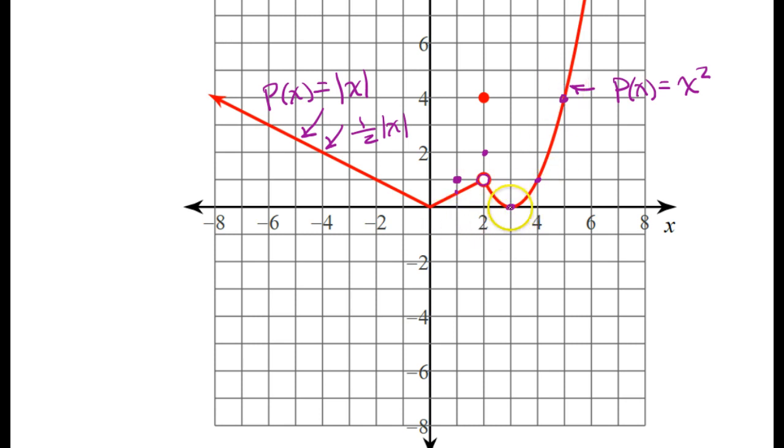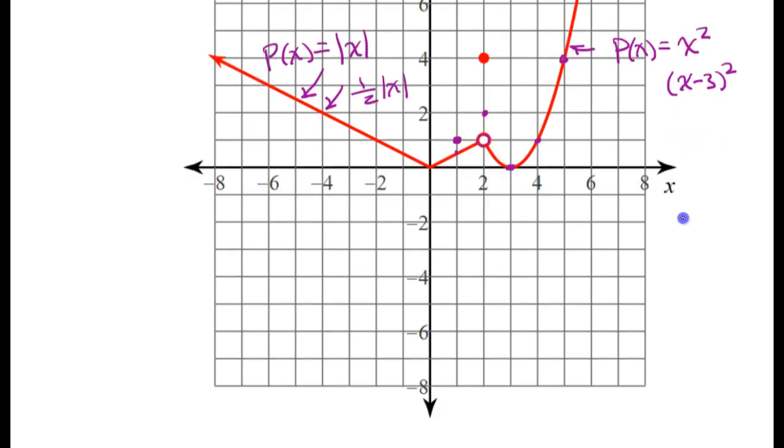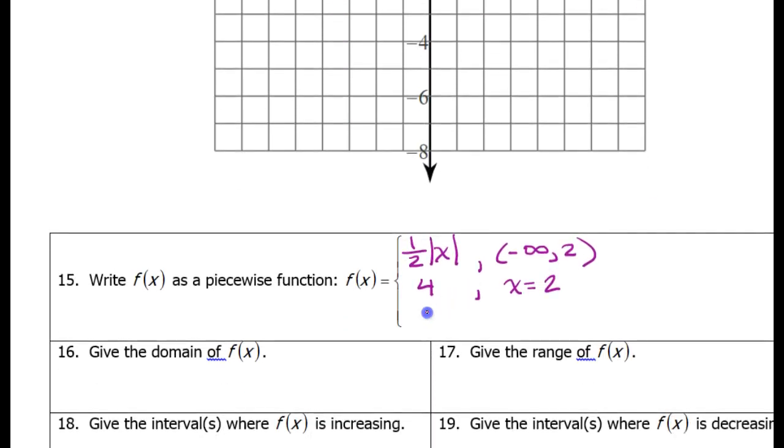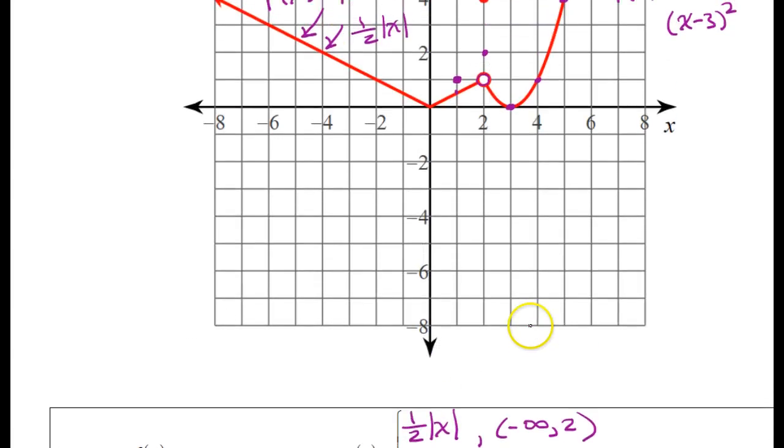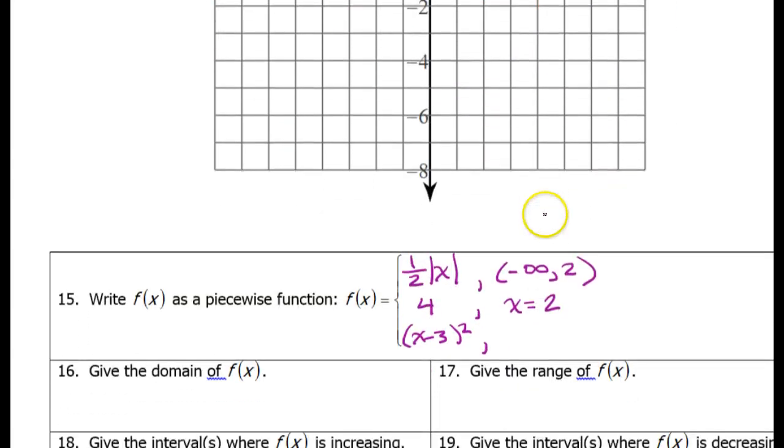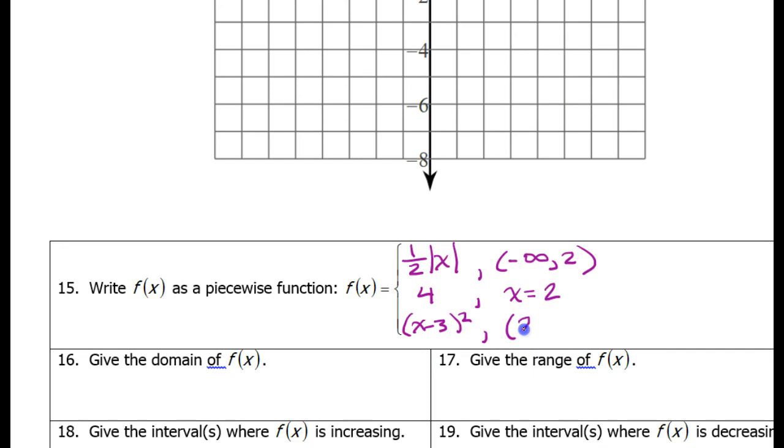So all I have to worry about is the fact that this is moved to the right by 3. So that's why in the transformation I'm going to have x minus 3 squared, because this is what it looks like whenever you move to the right. Okay, so I'm going to put x minus 3 squared, and then the domain of that is from 2 to positive infinity. All right, not including the 2.